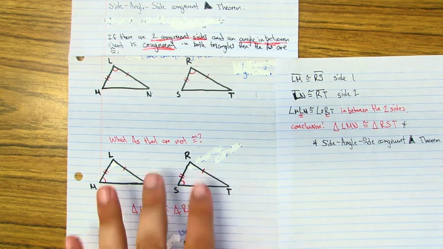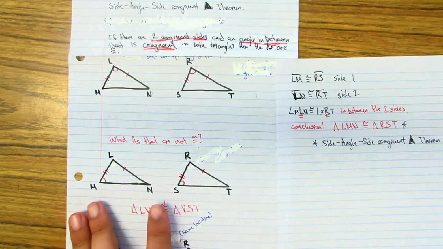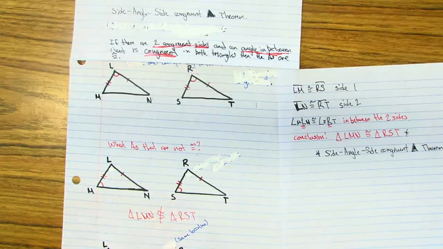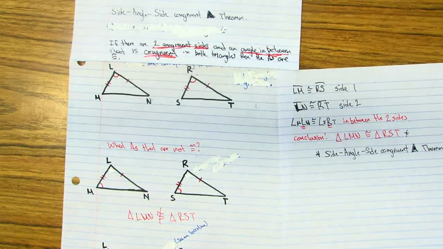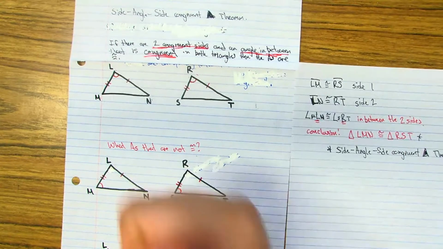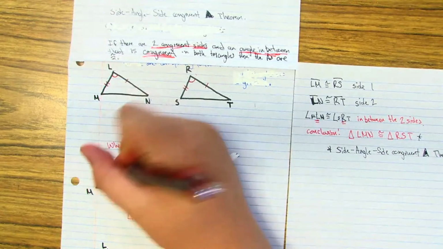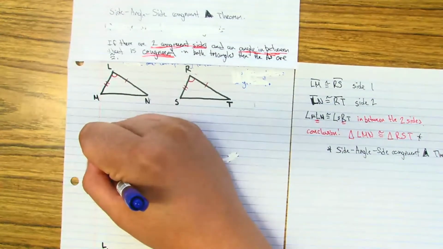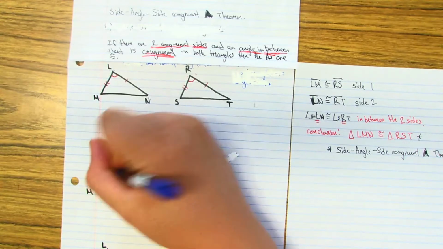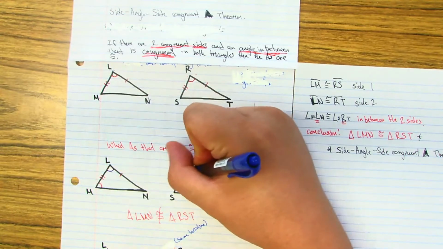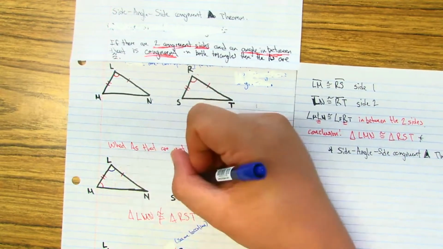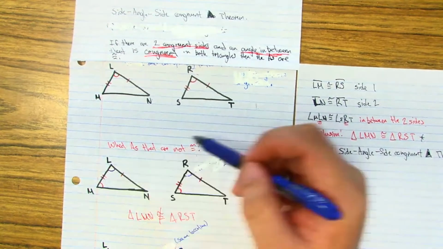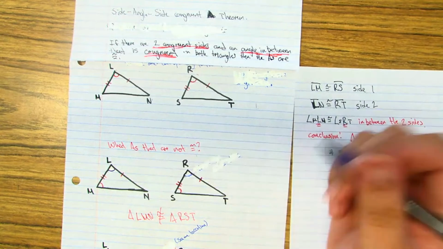So here, for the theorem to work, the location of these two corresponding angles has to be located, let me use a different color, in the top part of the angle that is between the two sides. But if it's not in between the two sides, then this theorem does not apply, right?